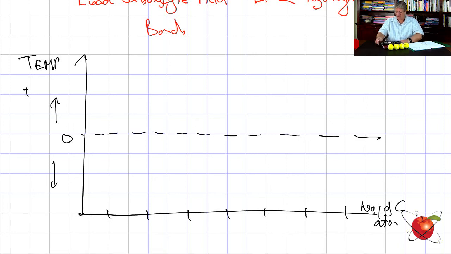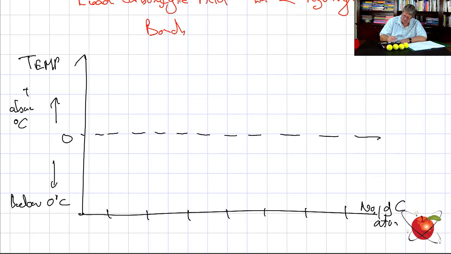So what we're saying is that this is below 0, and we'll put it in C. This is above 0 degrees Celsius, so this is a minus temperature, and that's a plus. What we find, and I'll start off with black: at the bottom, right down here, I have actually got the alkenes.